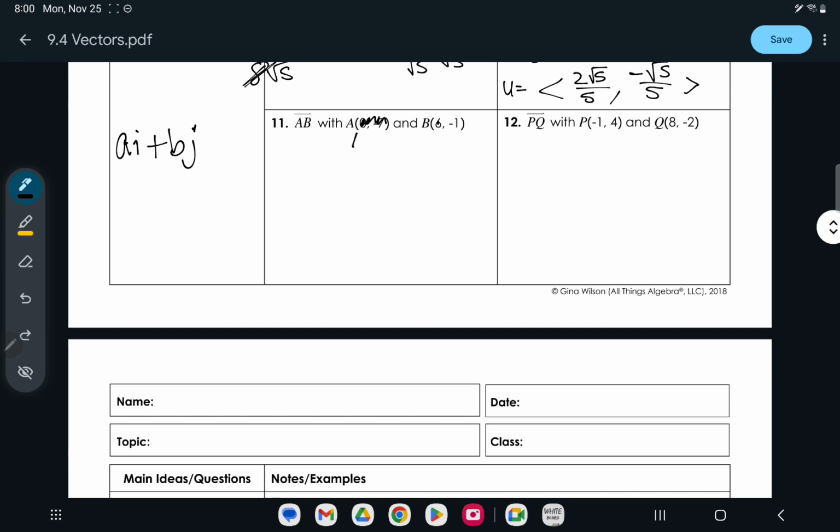Instead of these two, I'm going to use 0, 0, and 2, 4.